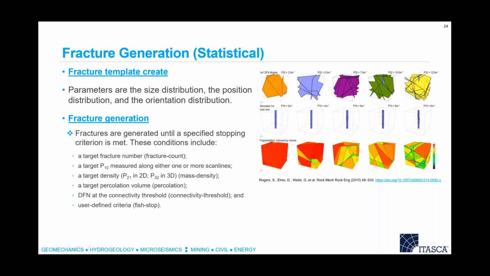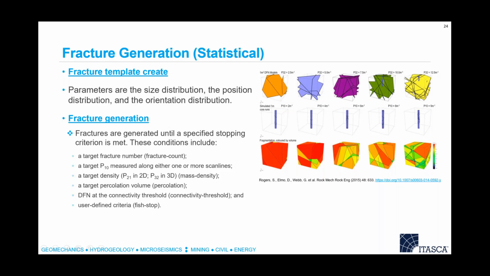And this figure here, which is from this 2015 paper by Rogers and Paul, kind of gives you an example for those that aren't as familiar with DFN statistics, where we have a borehole and we're looking at a P10 of 2, 4, 6.